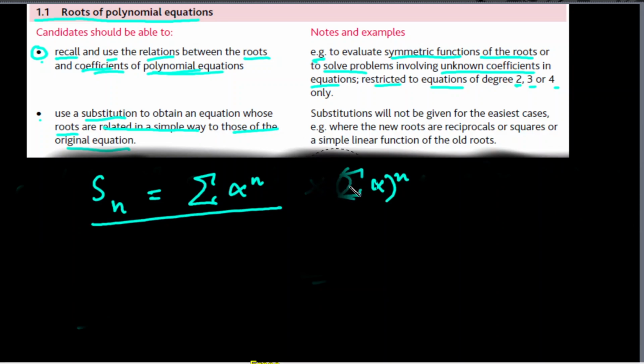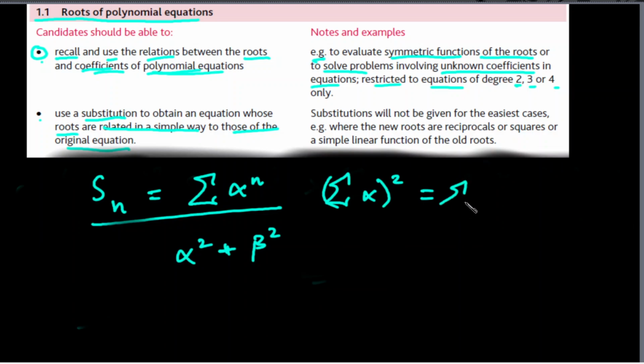Whenever you see a question that asks you for alpha squared plus beta squared, find this for a quadratic. From our previous part where we had this formula, the sum of alpha whole squared is equal to the sum of alpha squared plus 2 times the sum of alpha beta, which I just explained.